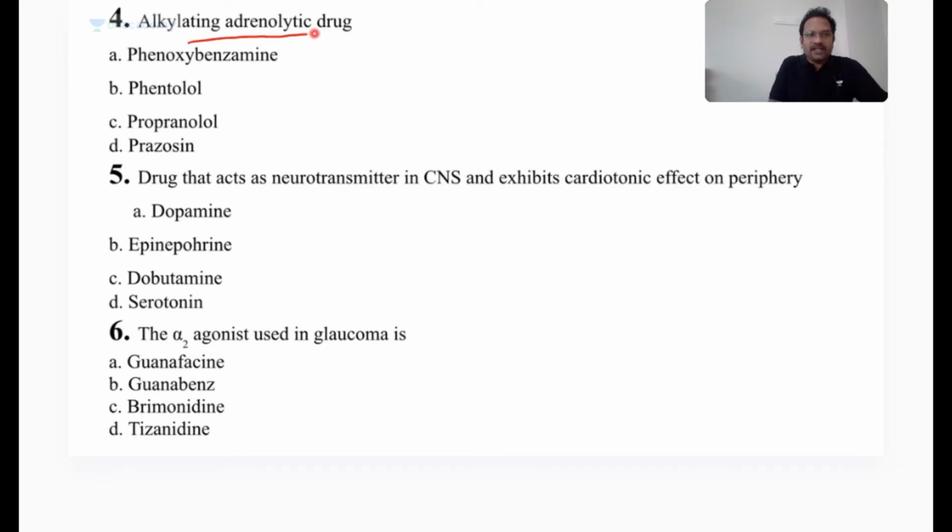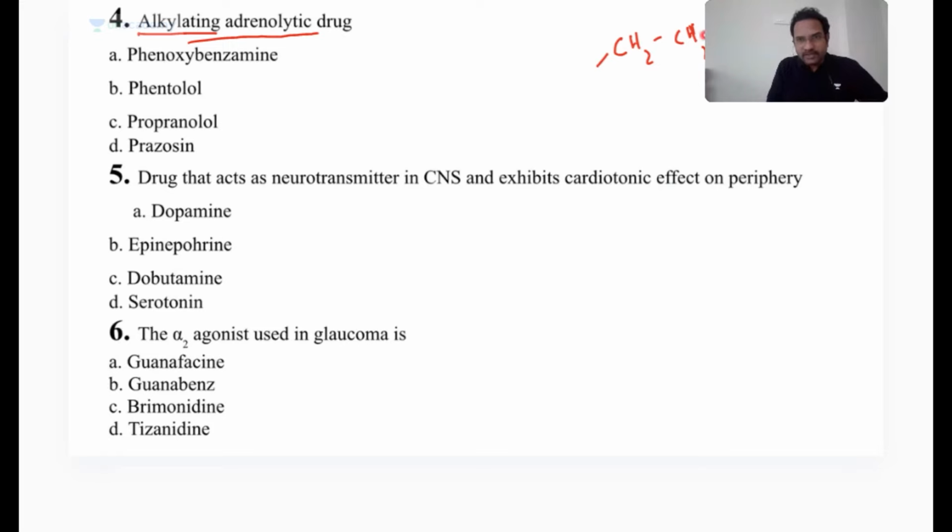Now, alkylating adrenolytic drug. See, the word alkylating comes from alkylating agents. We have alkylating agents as anti-cancer agents. The uniqueness of alkylating agents is they contain bis-chloroethyl groups. This group will be present in all alkylating agents. You take cyclophosphamide, melphalan, all of them contain this group.